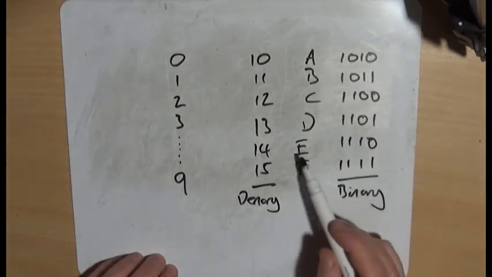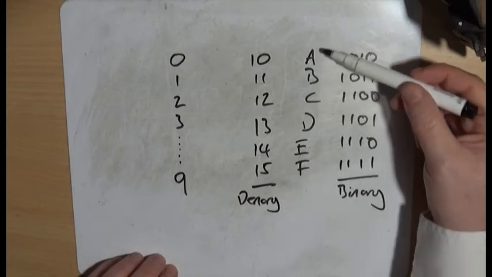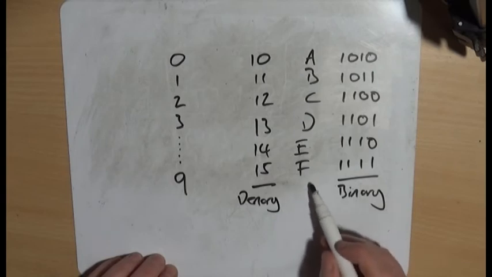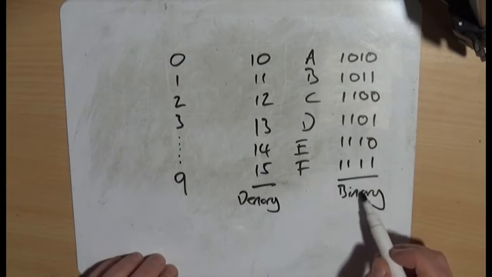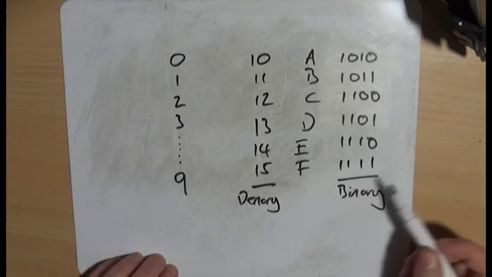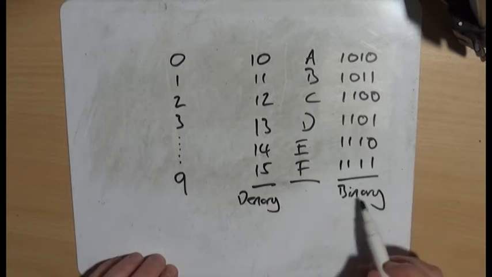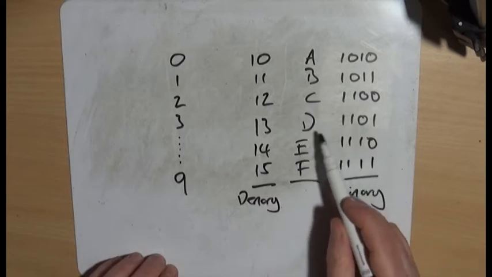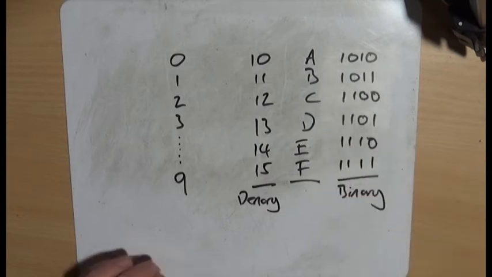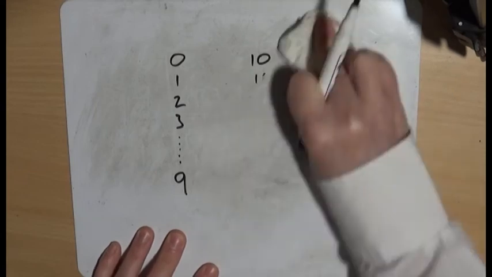So it makes conversion very straightforward, and it's also much easier to remember the hexadecimal version of each digit than the binary code, because it's quite hard to remember exactly which order of ones and zeros, and it gets quite repetitive. So it's better for humans than binary because it's easy to remember and you're less likely to make a mistake, and it's better for computers than denary because each digit maps nicely into one nibble. So that's what hexadecimal is, and most people seem to get the hang of that pretty well.